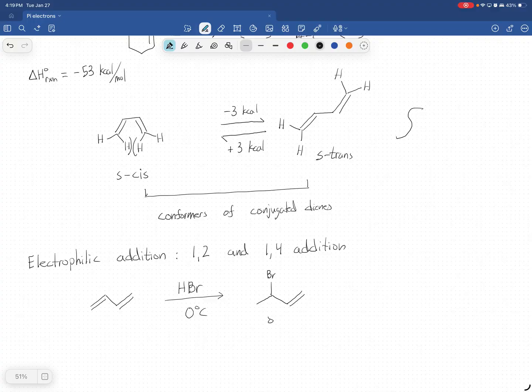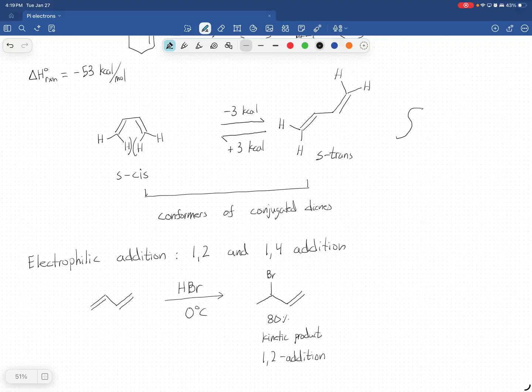You're going to get 80% of the kinetic product. The kinetic product is the terminal alkene. So this is called 1,2 addition, when you have the double bond at the end.